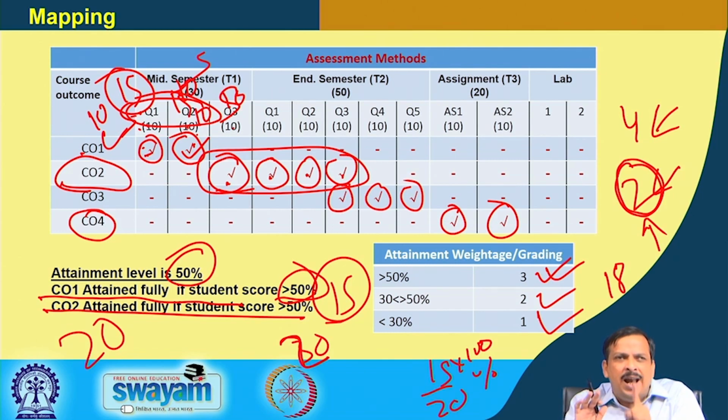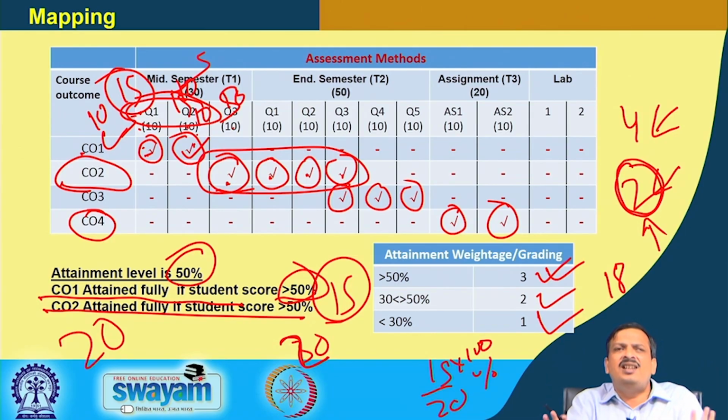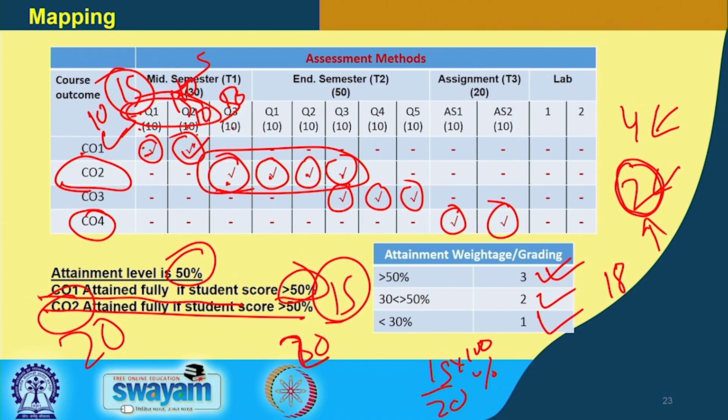Once you map the test item with the evaluation matrix, then you get how to calculate the attainment of CO. Once you have done that, then things start. So, in the next class, I will show you how to calculate the attainment of CO2, because I have taken the example of CO2. Okay? Thank you.